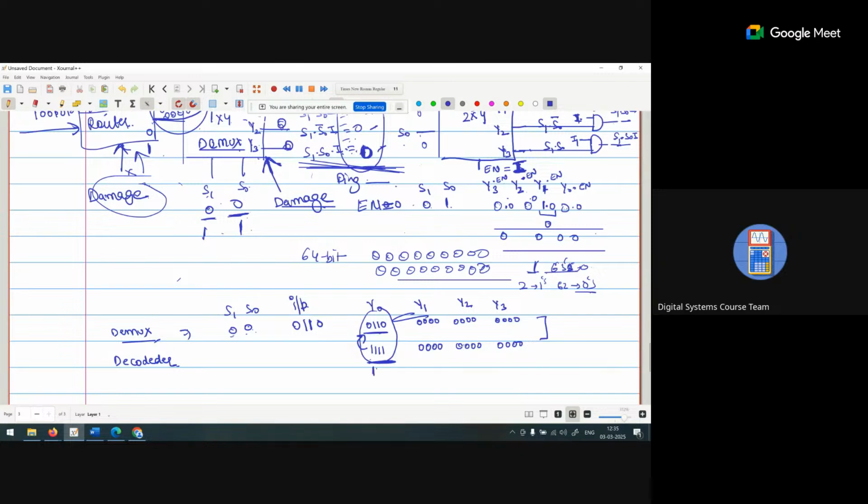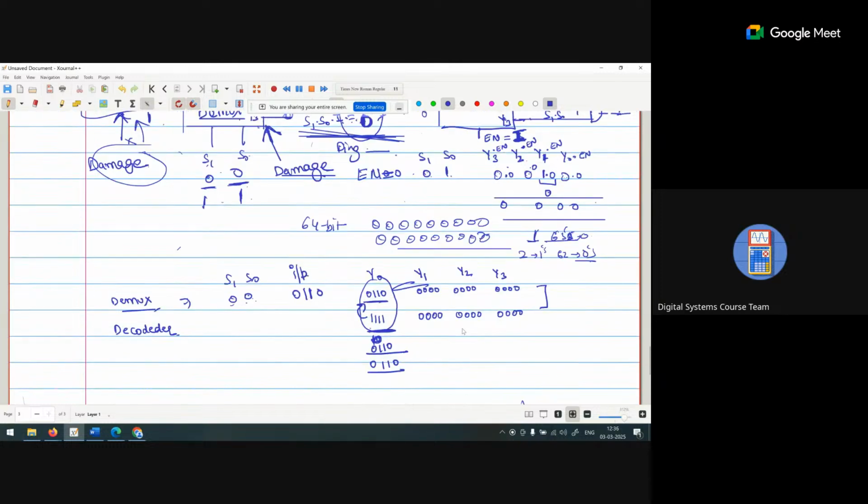If I AND this one with 0 1 1 0, we get 0 1 1 0 at y0. So what should I do? I just take the y0 from the decoder and AND it with I, that is the input, and that is exactly y0.